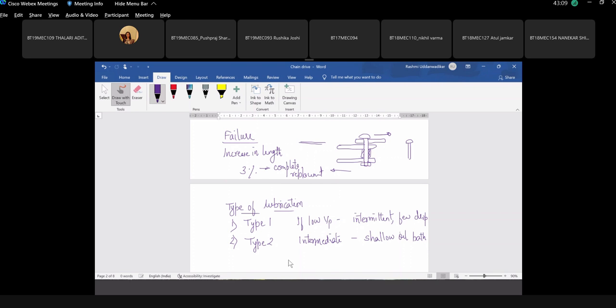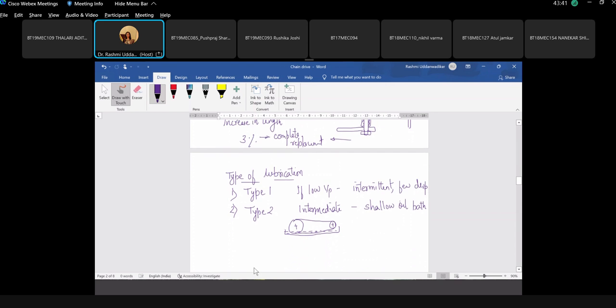If this is one sprocket and this is another sprocket, and this is the chain, you can have an oil bath like this. This kind of lubrication is not there in two-wheelers, as bicycles move at low peripheral velocity. After every round, the lower part of the chain goes through the oil bath. This is intermediate, or type 2, lubrication.